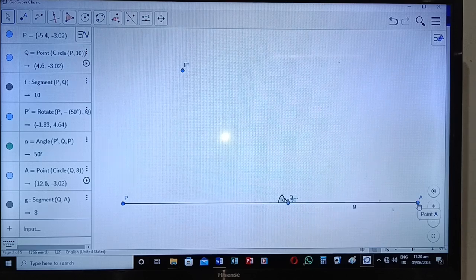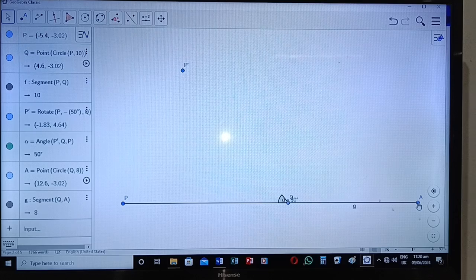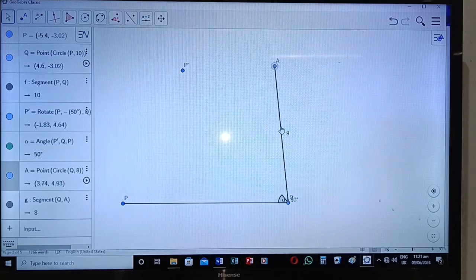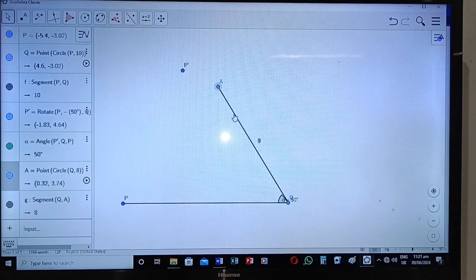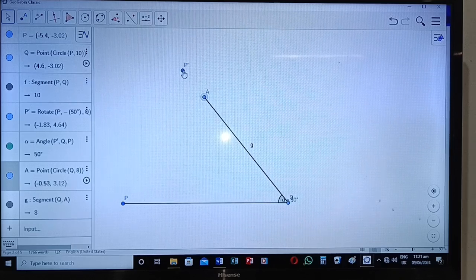This is actually 8 centimeters, and we need now to move this one. We need to move this arm, move it like that, following the angle. The angle is 50, and we know our 50 degrees is there.